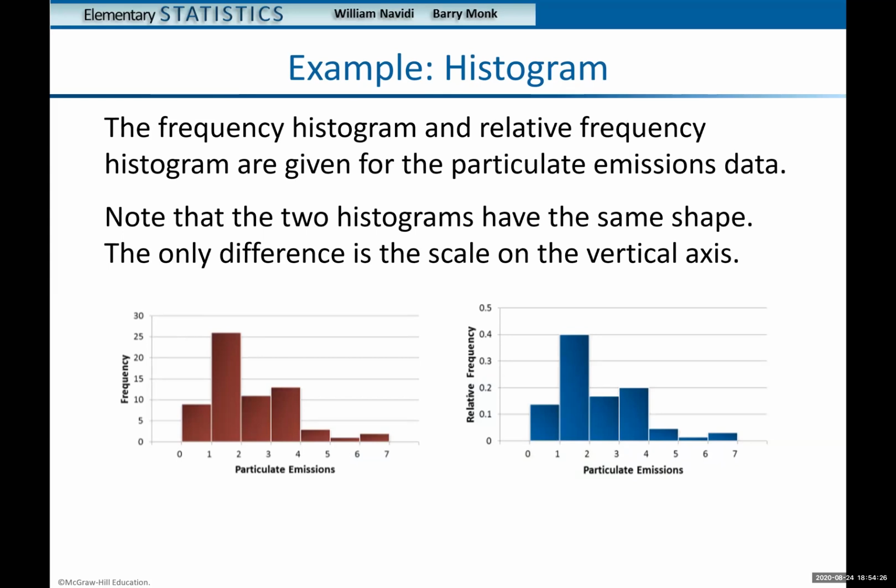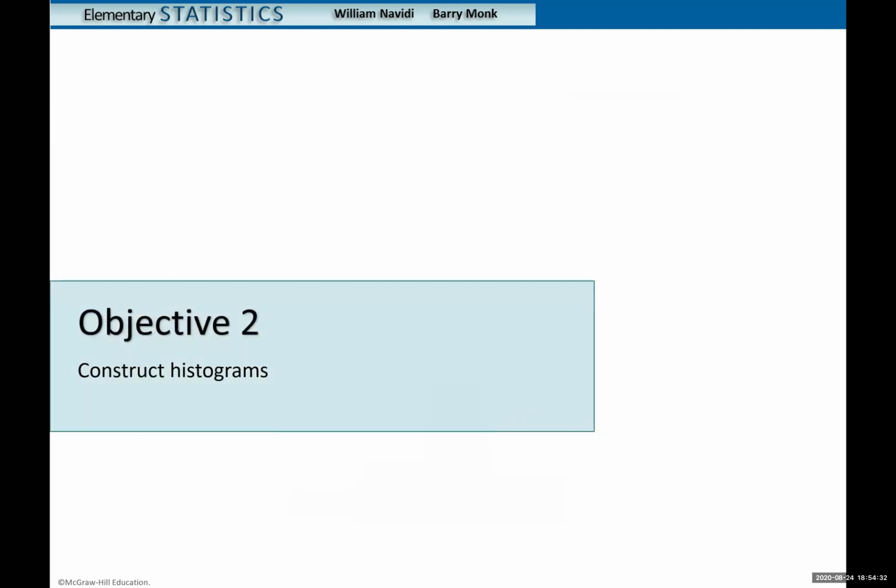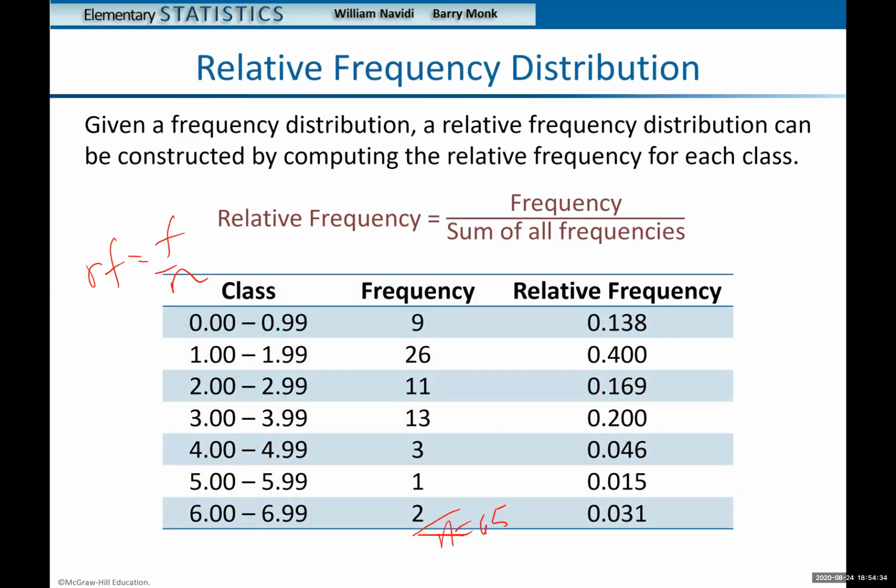So this is the exact example of this table here. The class width, remember, from 0 up to 6.99, and we have the frequencies 9, 26, 11, 13, 3, 1, 2, and the corresponding relative frequency.